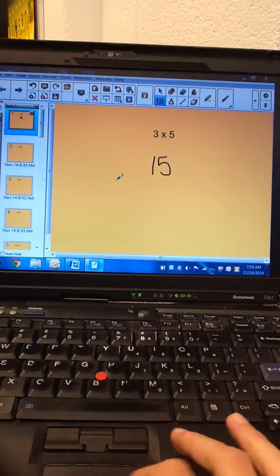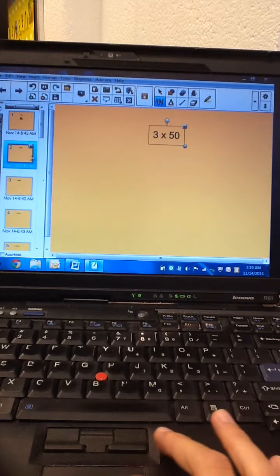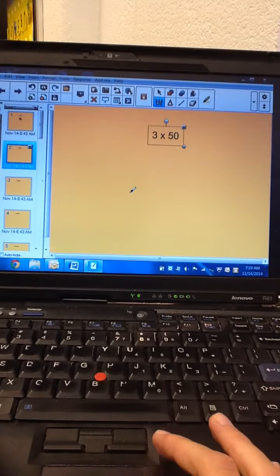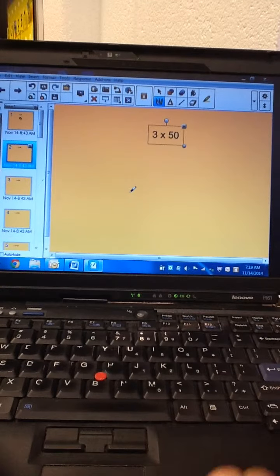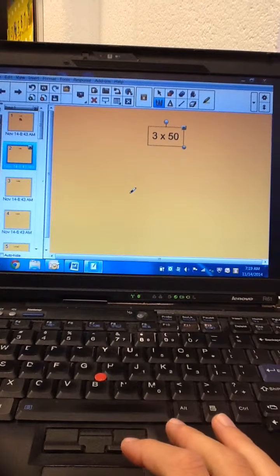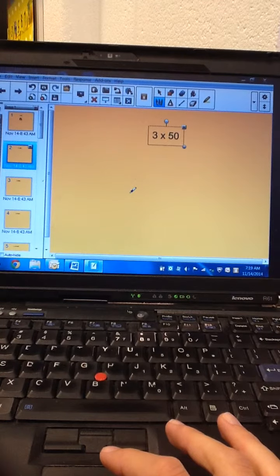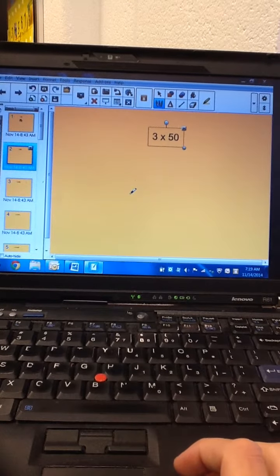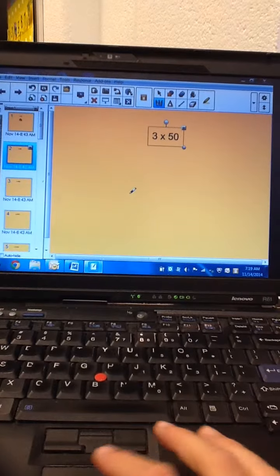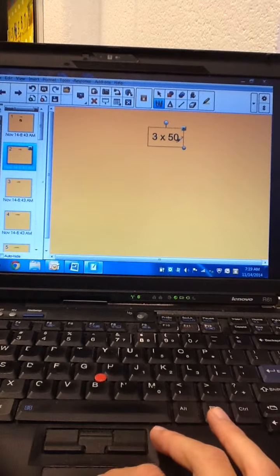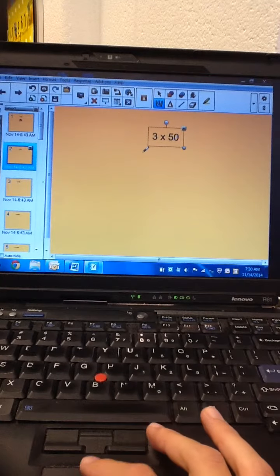Fairly simple. But let's say I make it just a little bit harder. Instead of 5 times 3, I now have 3 times 50. Pause the video and talk to your neighbor about how you think you would solve 3 times 50. Hopefully you and your neighbor said the first thing you would do is multiply 5 times 3 again, or 3 times 5.